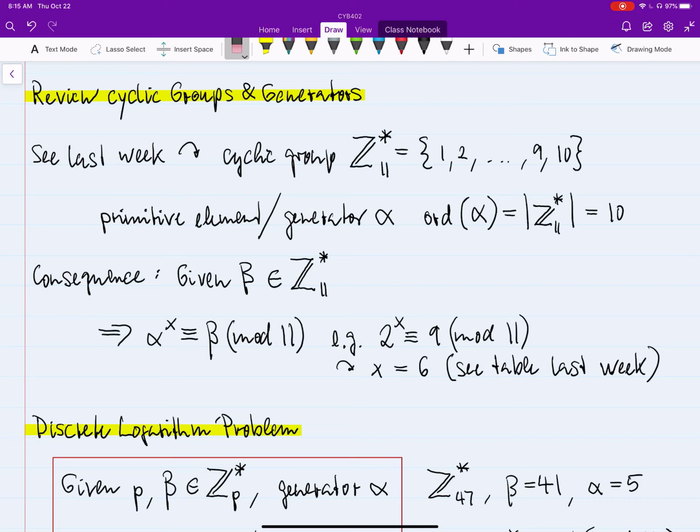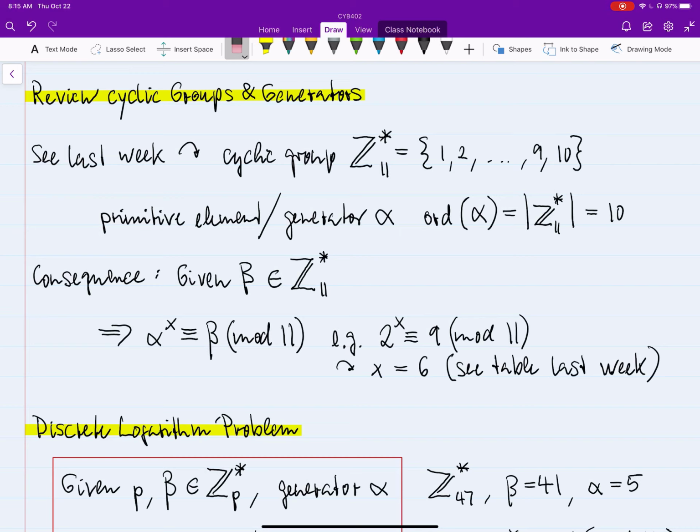And we have at least one primitive element, or what we called a generator, alpha. And the hallmark of the generator was if you put the generator to different powers, you can basically express any element in the group by way of alpha to the power of a certain exponent.